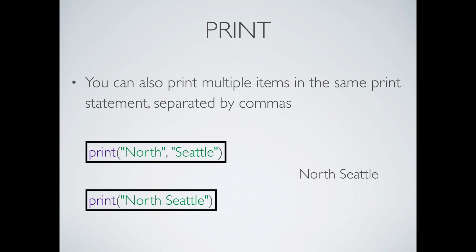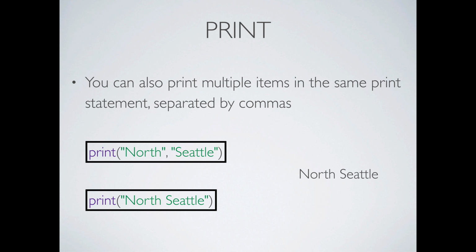So these two lines of code, they essentially print the same thing, right? In the first line of code, we have two different pieces of data. We have one string that contains North. We have another string that is Seattle. And they're separated by commas. You get that displayed out. In the second piece of code, you're going to get the same thing displayed, but it's stored a little differently internally.